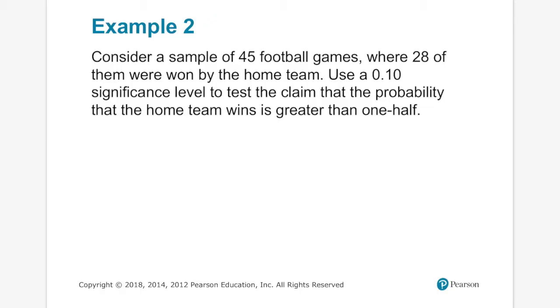Example 2. Consider a sample of 45 football games, where 28 of them were won by the home team. Use a 0.10 significance level to test the claim that the probability that the home team wins is greater than 1/2. I have n equals 45 and x is 28.